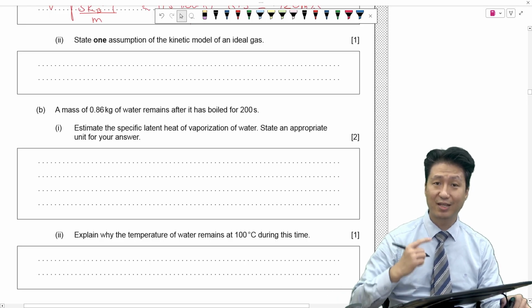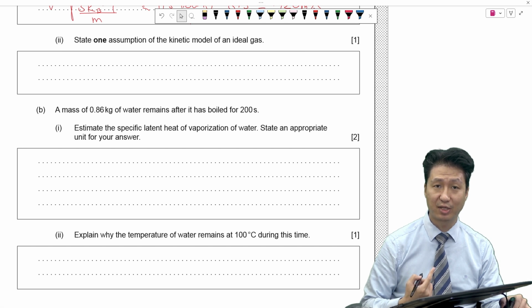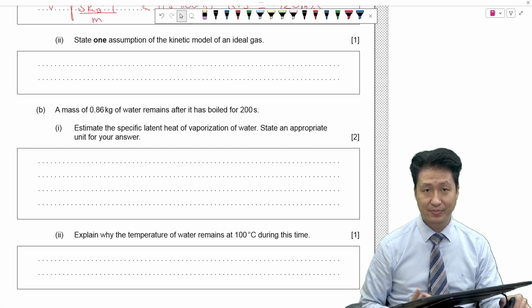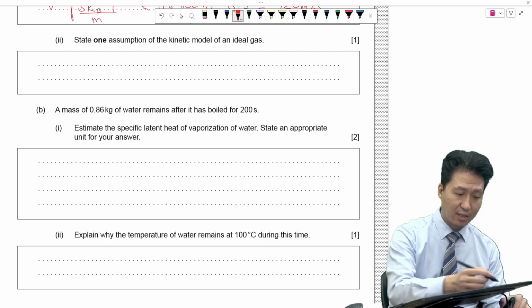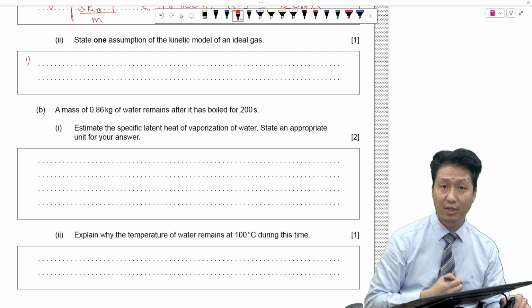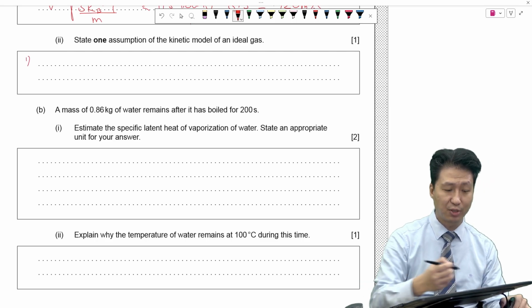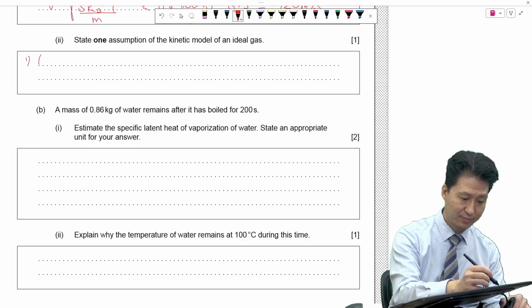Part 2 says, state one assumption of the kinetic model of an ideal gas. And there's lots. We can start with the atoms being point particles with negligible volume.